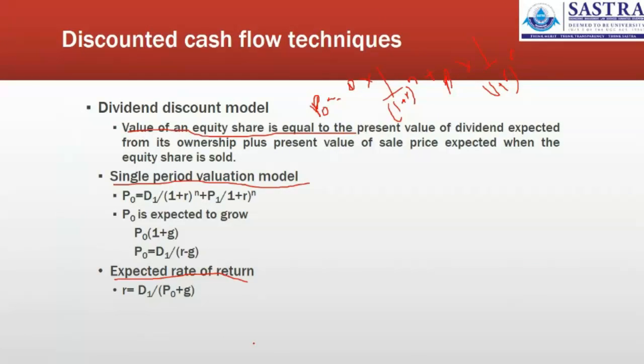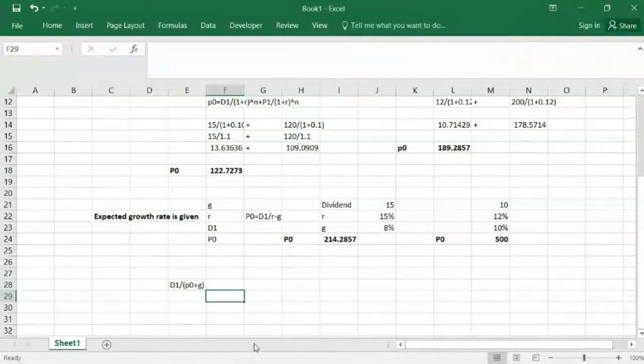How are we going to proceed over this one? It is calculated based on the values received. A very simple thing, I'll just explain. In this particular problem, we are calculating the required rate of return.